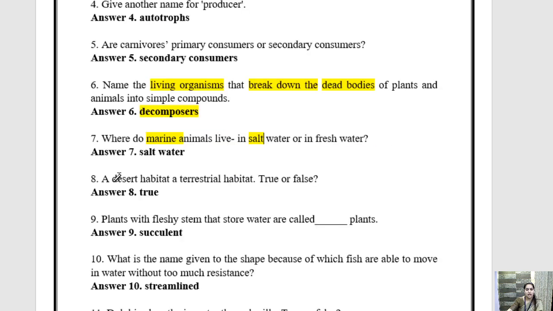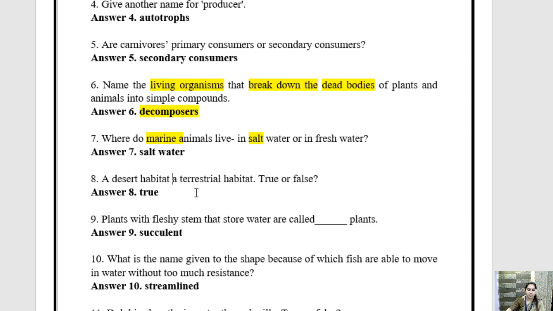Question 8. A desert habitat, a terrestrial habitat. True or false? Desert habitat is a terrestrial habitat. Is it true or false? Yes, children. So desert habitat is a terrestrial habitat.